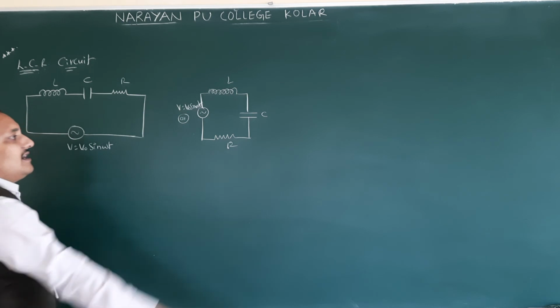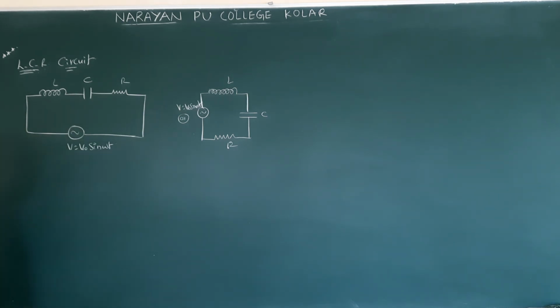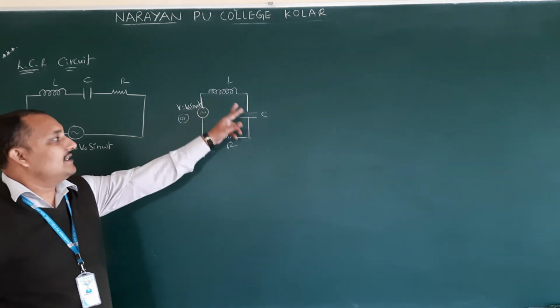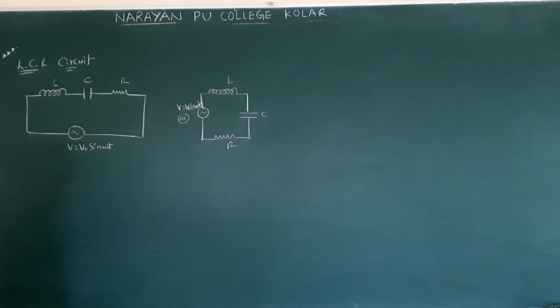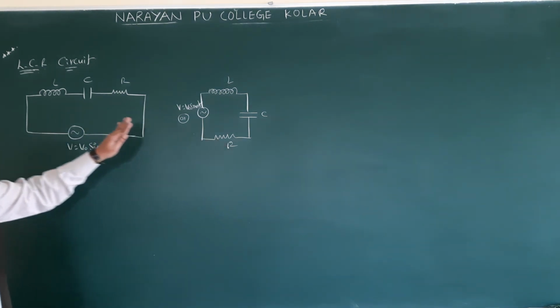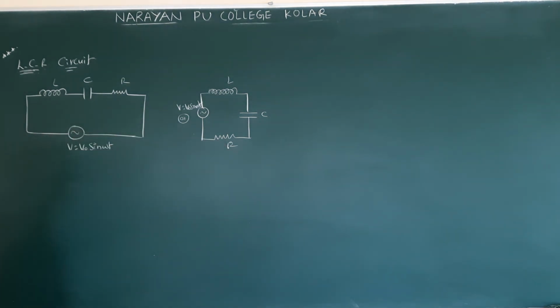This is V equals V naught sin omega t. Both will be the same. How are these three connected here? In series. So you can draw the diagram like this or like this. Okay, you can follow this one. It will go very easily.